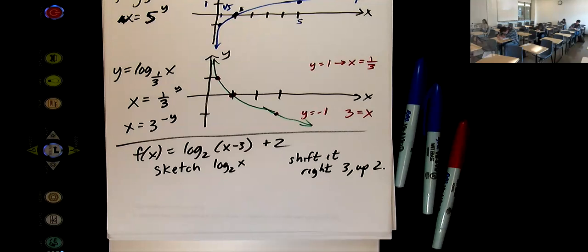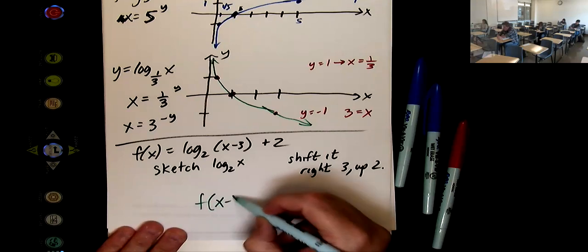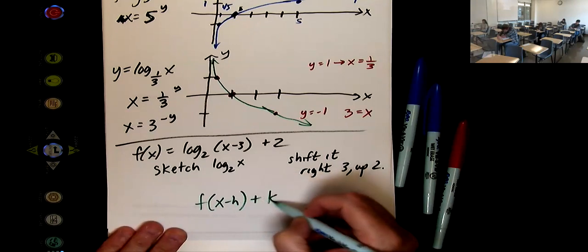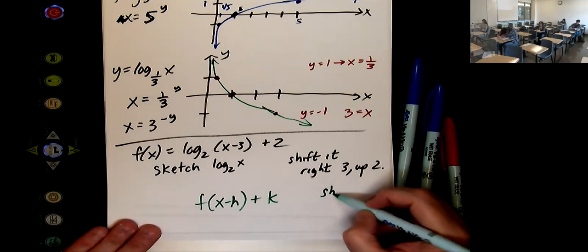Just like we've done with everything that ever had f of (x minus h) plus k. It shifts it by h, k.